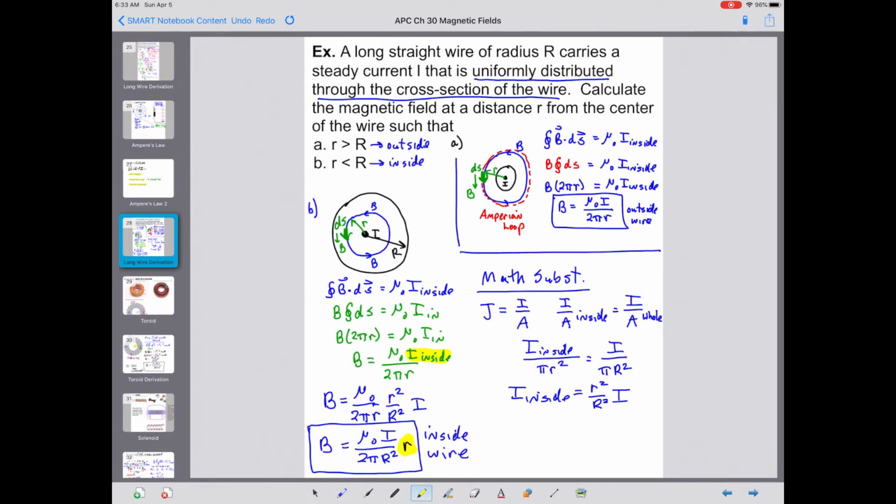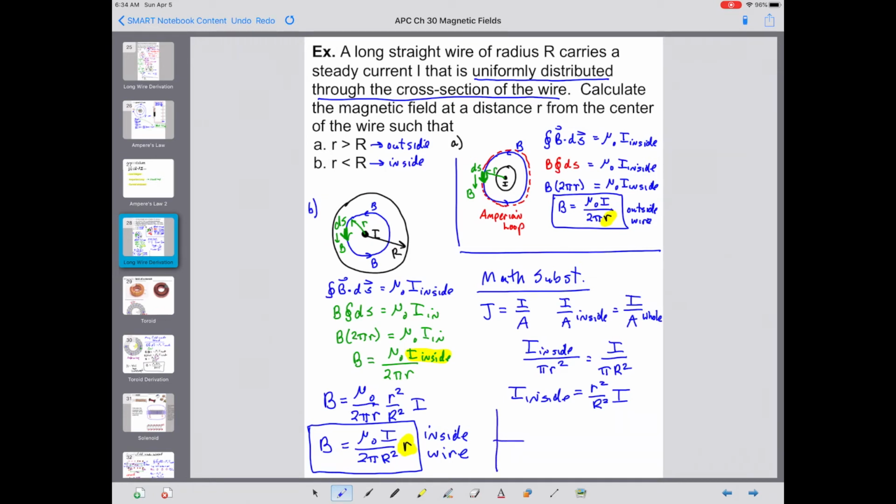So I kind of separated out the little r because I want to emphasize everything else in that equation is a constant. So then inside the wire, you're linearly proportional to r. Outside the wire, up above, you are inversely proportional to r.